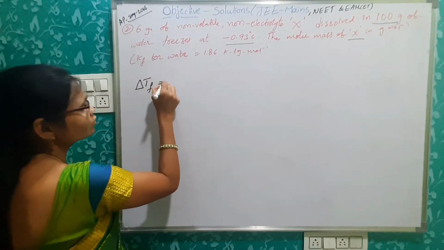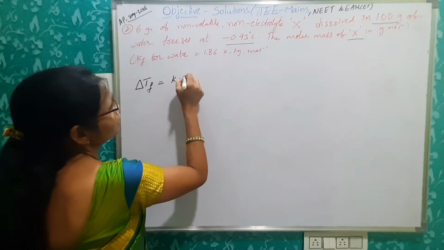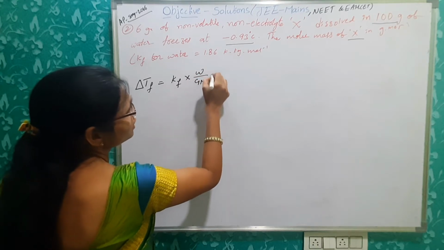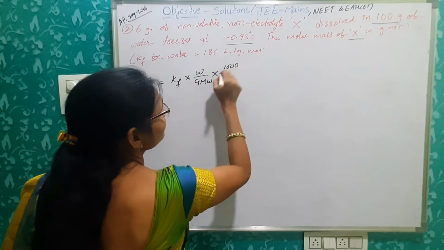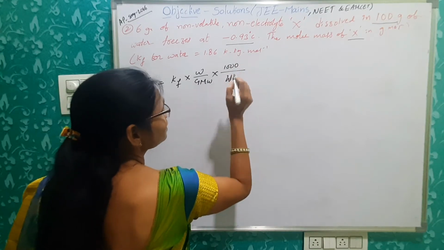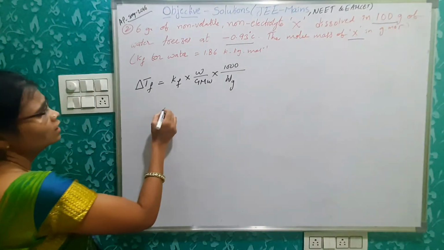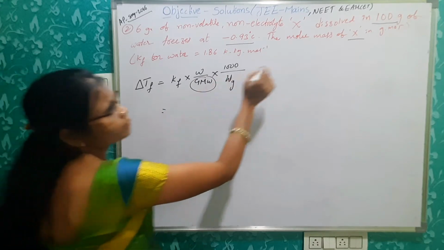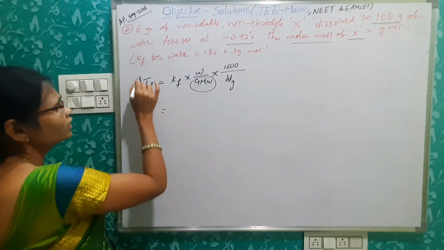Delta TF is equal to KF into molality, that is, weight by gram molecular weight of solute X into 1000 by weight of solvent, water, in grams. Now we have to calculate the gram molecular weight or molar mass of X.